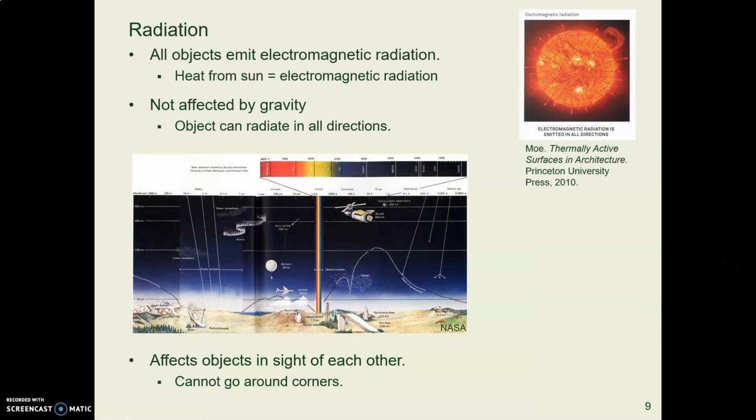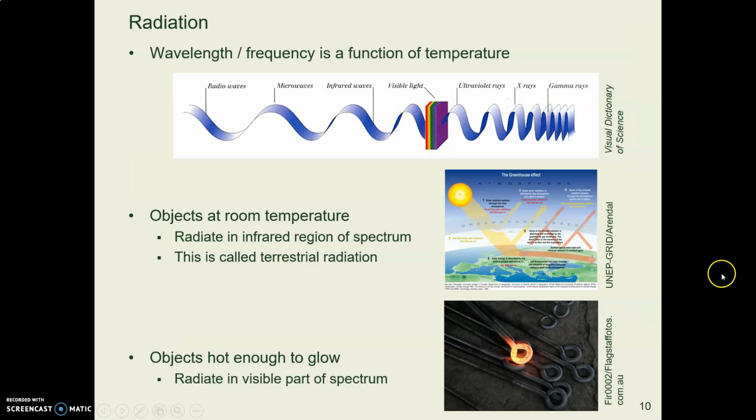Every object in the universe emits electromagnetic radiation, including you. The sun emits electromagnetic radiation, and we call that solar radiation, and these are really just waves coming out from the sun. These electromagnetic waves that you see in this picture at the top can be at different lengths.